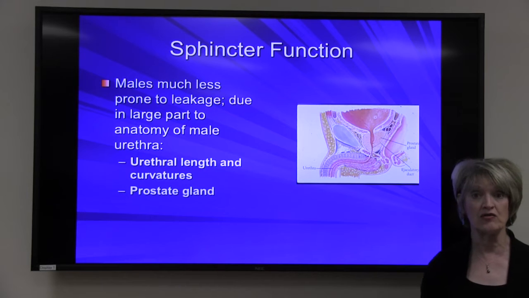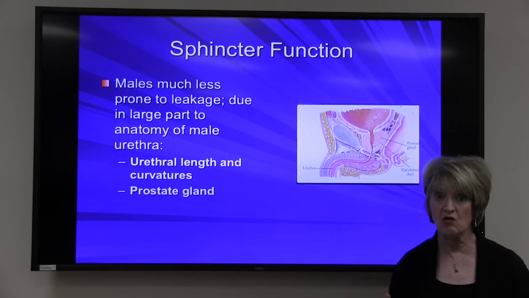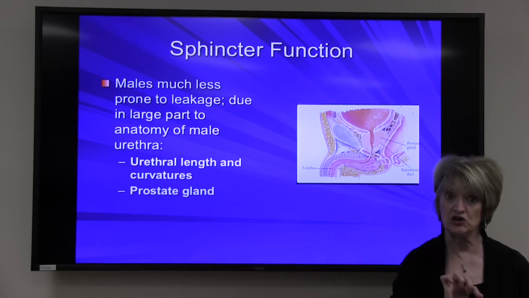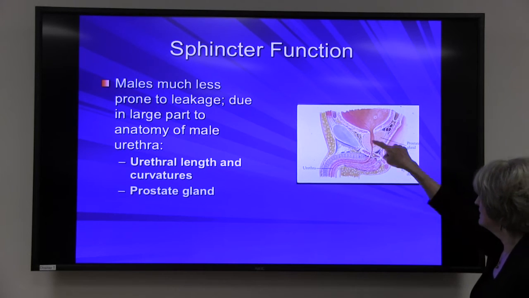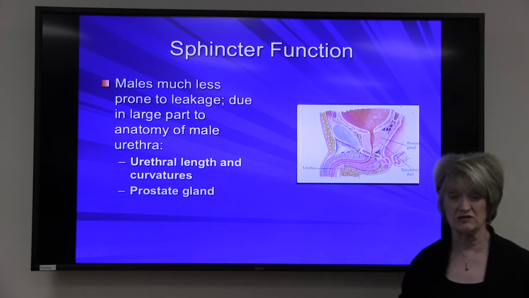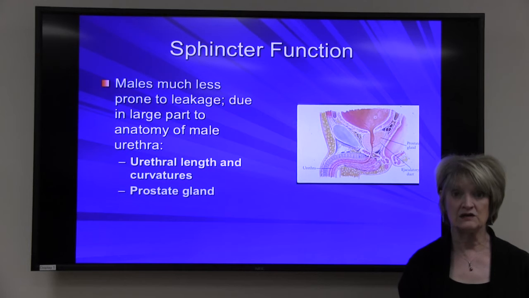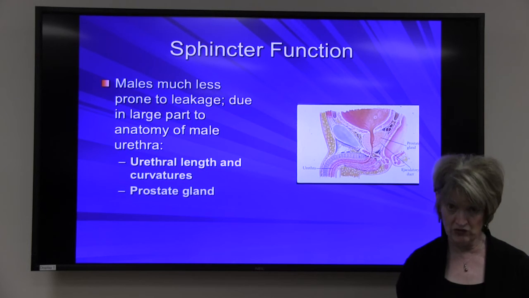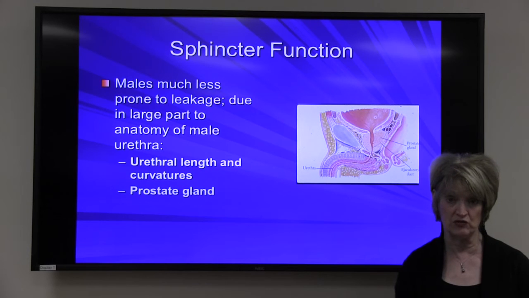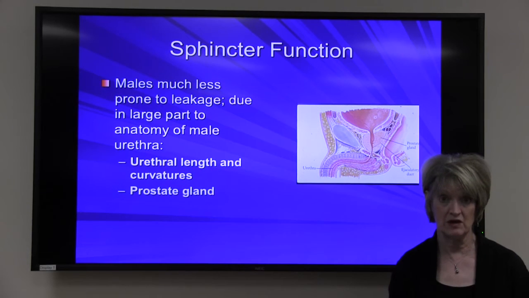First of all, the male urethra is longer, and the longer the tube, the greater the resistance. And secondly, you've got two right angles. Anytime you add angles to a pathway, you increase resistance. So urethral length and urethral curvatures markedly increase urethral resistance in the male.